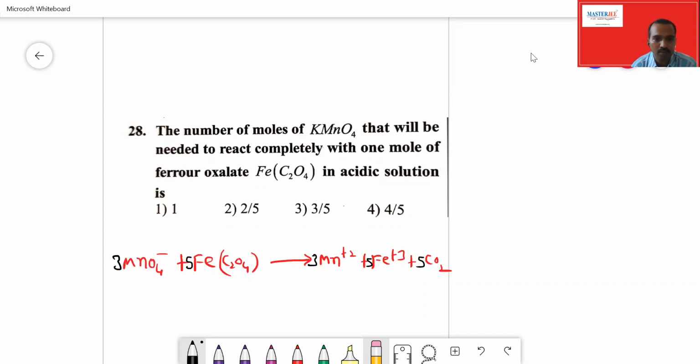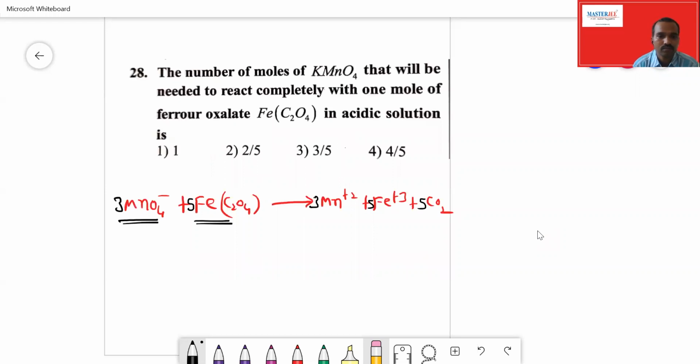They're asking for the number of moles of potassium permanganate needed to react completely with 1 mole of ferrous oxalate. 3 moles of permanganate need 5 moles of ferrous oxalate, so for 1 mole it requires 1 into 3 by 5. So 3 by 5 is the correct option.